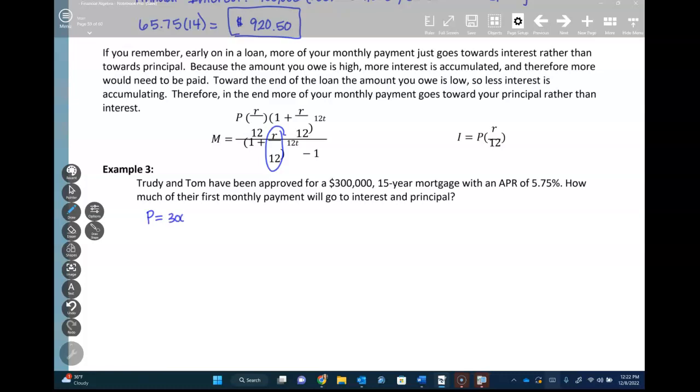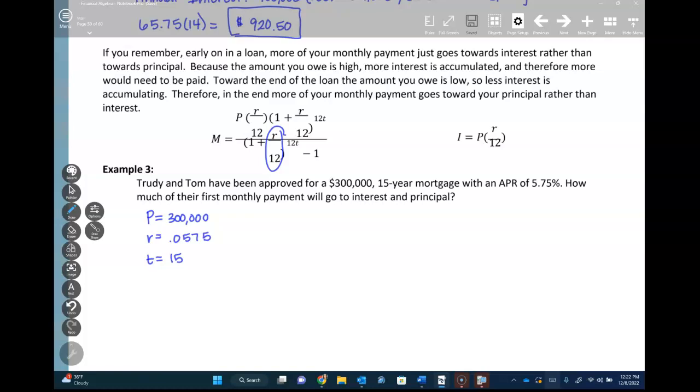We have $300,000. The rate here is 5.75%, which is 0.0575. And then T is equal to 15-year loan.